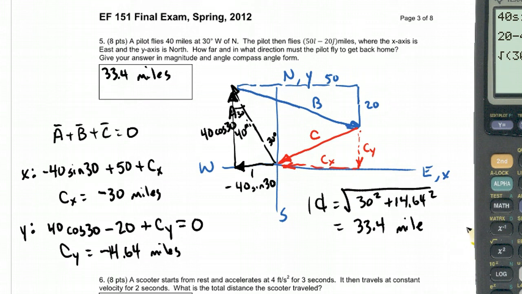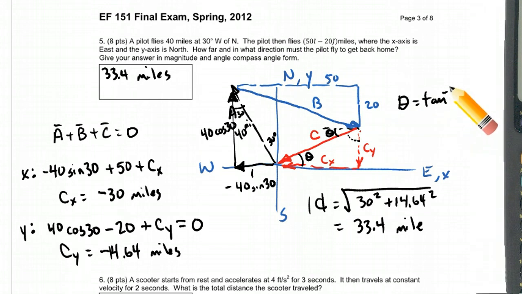So the angle is always given from the tail of the vector. So really what we're doing is trying to find that angle or this angle. This angle right here, this angle theta, is the same as this angle. So from that I can see that I can calculate theta as the inverse tangent of opposite, which was c sub y, over c sub x.